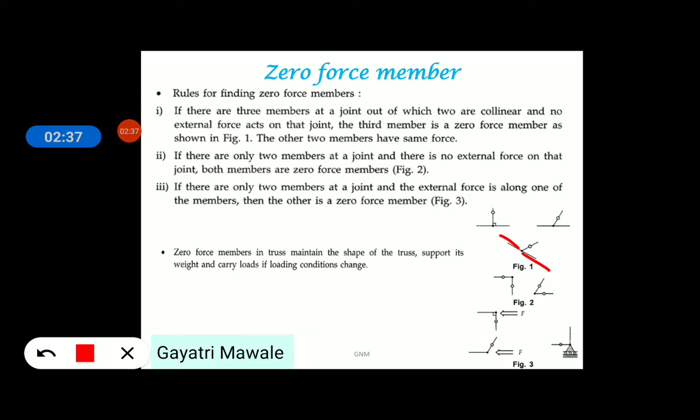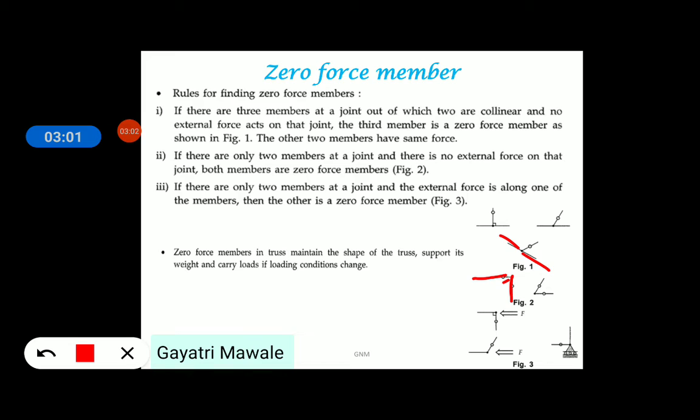Now the second rule is, if there are only two members at a joint and there is no external force on that joint, both members are zero force members. Just as in the case of figure 2, here one force is horizontal, one force is vertical, acting at one joint.